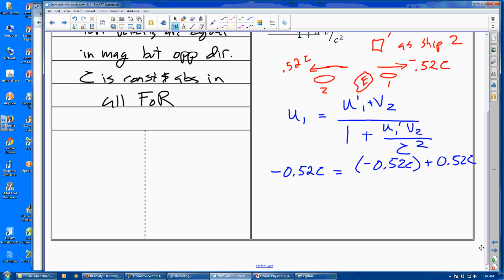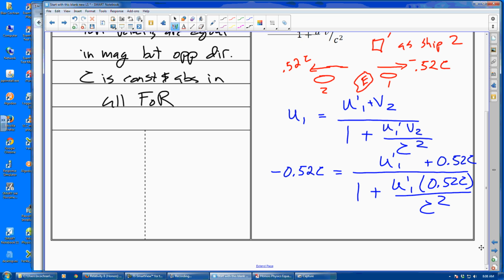Well, that can't be right. Oh, this one, I don't know this one, do I? That's the problem. This we're going to leave as u prime, because that's the speed of ship number 1 as measured from ship number 2. 1 plus u prime 1 times 0.52 c over c squared.